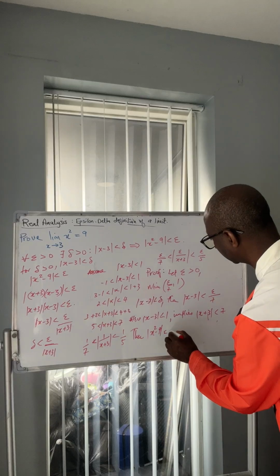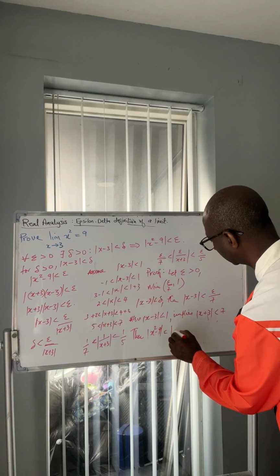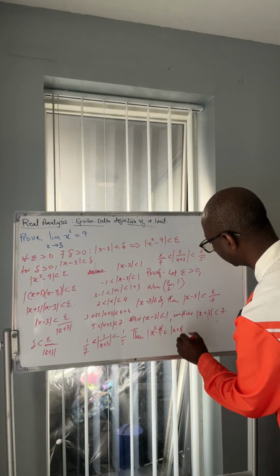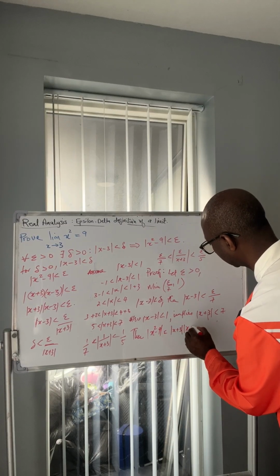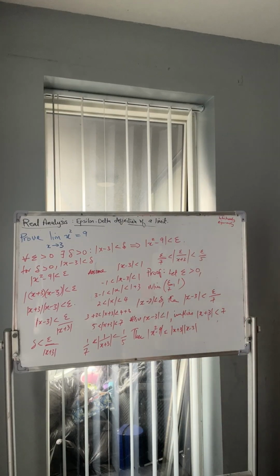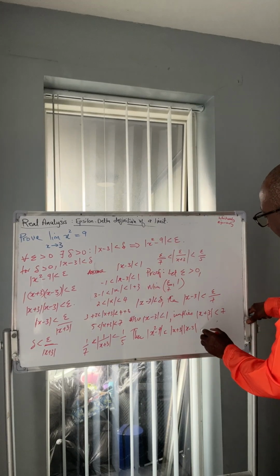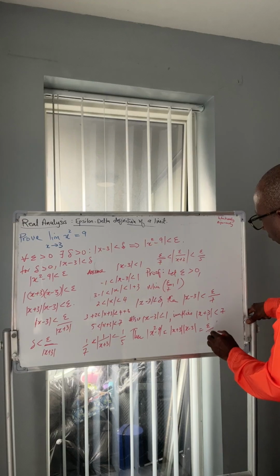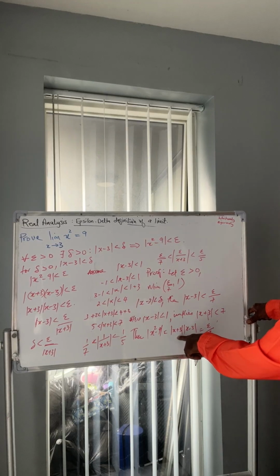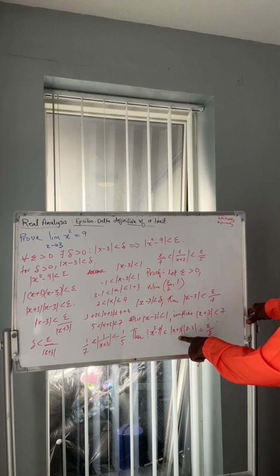This gives us x plus 3 times x minus 3. We know that one already, which implies epsilon over 7 times x plus 3.